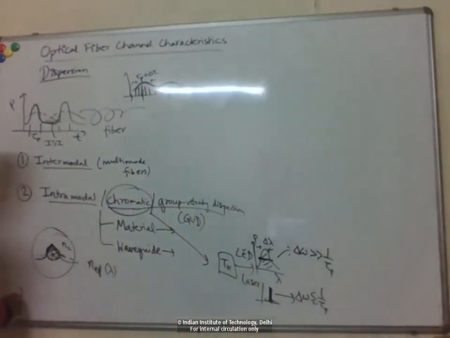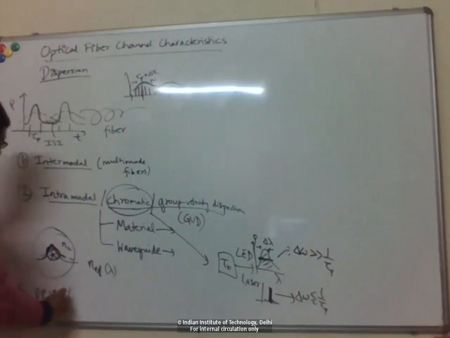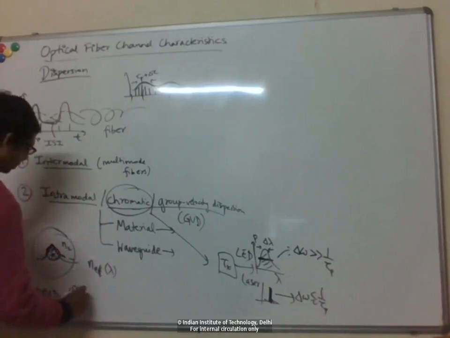Okay, and then there is another dispersion mechanism which is known as polarization mode dispersion, PMD. And this is a fundamentally different effect, coming from, as the name suggests, the polarization.